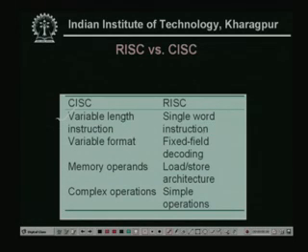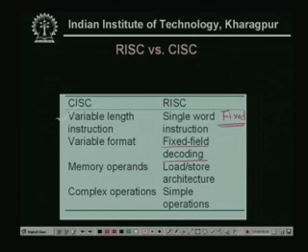We call them single word instructions, or we can say it has a fixed instruction format. Similarly, CISC has a variable format, while RISC has fixed field decoding.